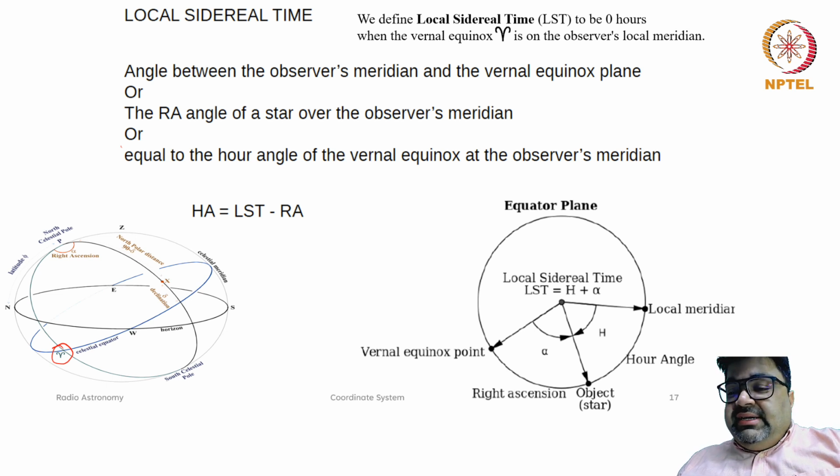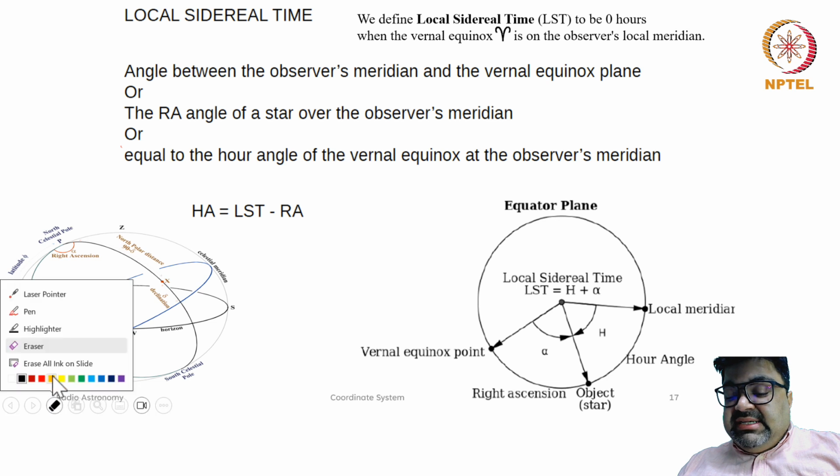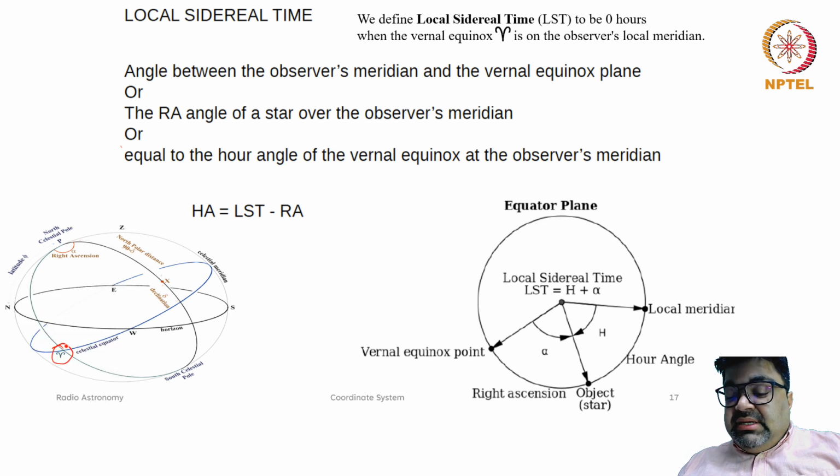So we now define another most important thing, which is the local sidereal time. Now let us stick to the previous thing. What we defined in the previous slide is the fixed point of the vernal equinox when the sun is going northward on the ecliptic. That point is fixed, and the meridian which is passing through that particular point is defined as 0 RA.